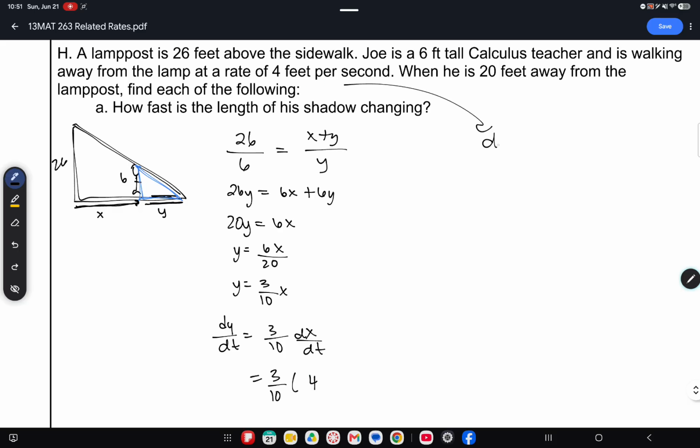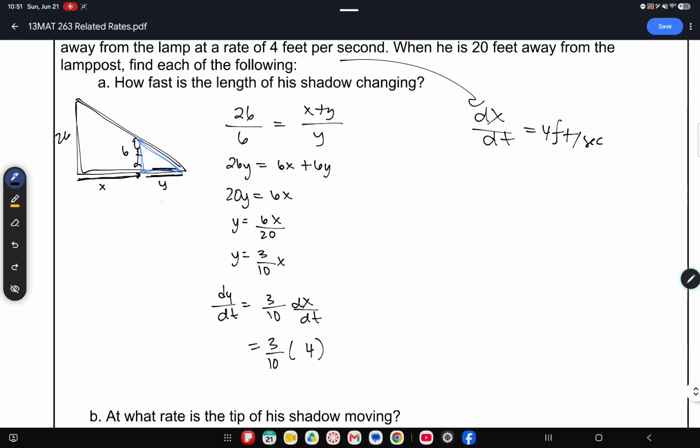I'll write that here. dx dt is 4 feet per second. So then the length his shadow's changing, so this one here is going to be, what is that, 12/10? But I can reduce that to 6/5 feet per second.